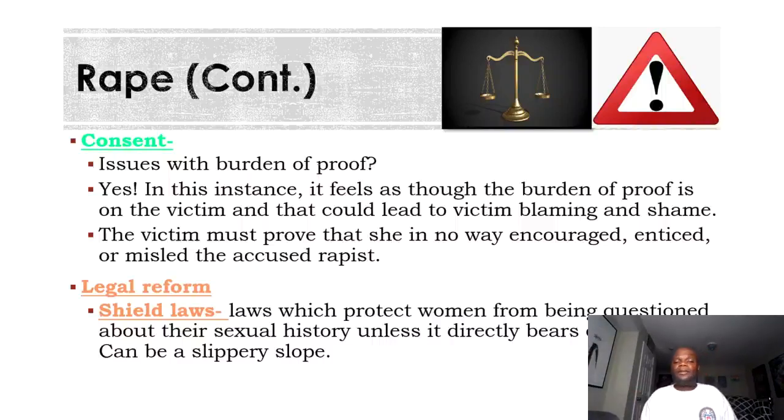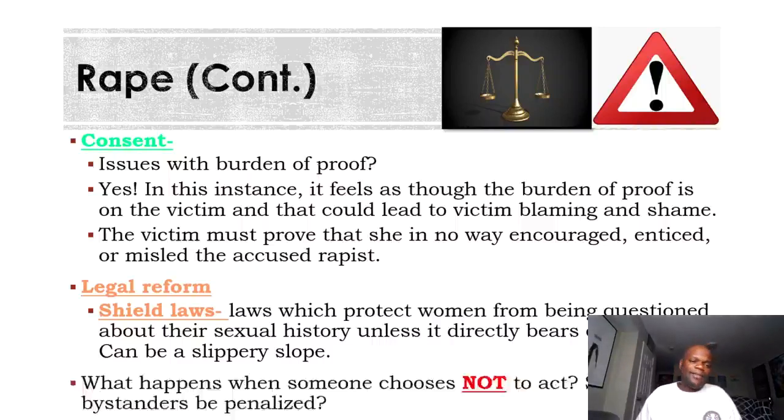Shield laws protect women from being questioned about their sexual history. So women can't be put on the spot about their sexual exploits. And also, what about this whole bystander effect, right? Can we punish somebody if they choose not to act? Or are you given a duty to act?